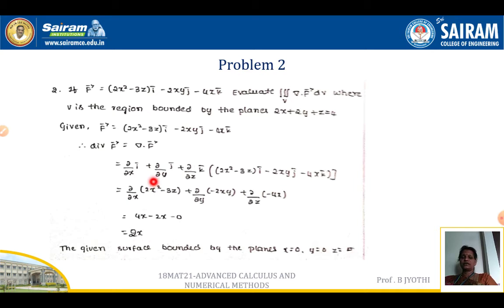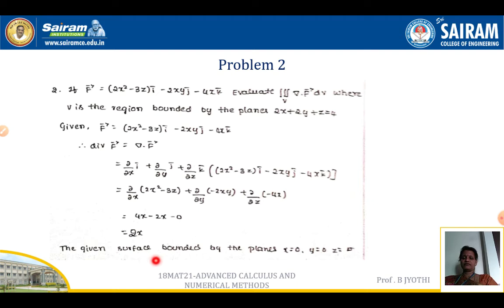So dou by dou x i plus dou by dou y j plus dou by dou z k, dotted with the given vector. Again we will take it inside, that is dou by dou x of 2x square minus 3z plus dou by dou y of minus 2xy plus dou by dou z of minus 4x. This part will become 0, and this part is 4x minus 2x, which will give us 2x.